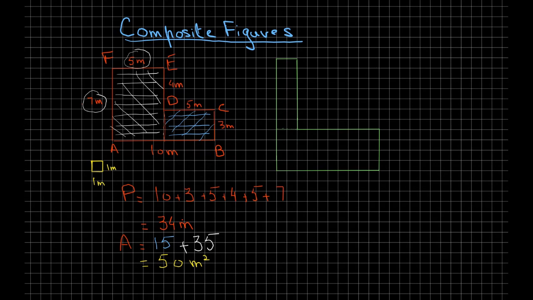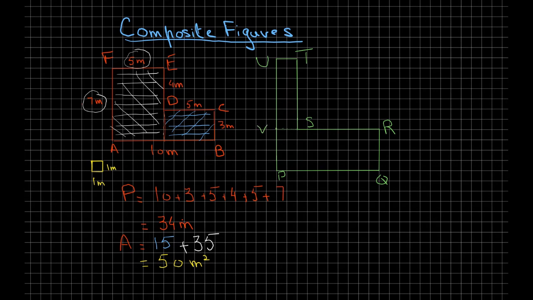Now we can play the same game with the green rectangle, and I'll just count the green rectangle in front of you. So fairly quickly we can count the length. Let's call it P, Q, R, S, T, U, and let me call this point maybe V for convenience.